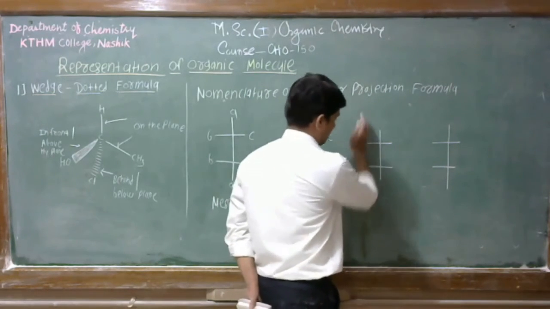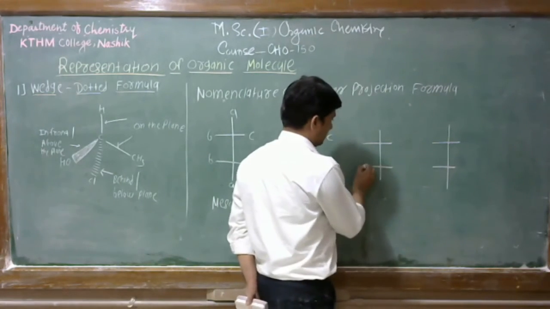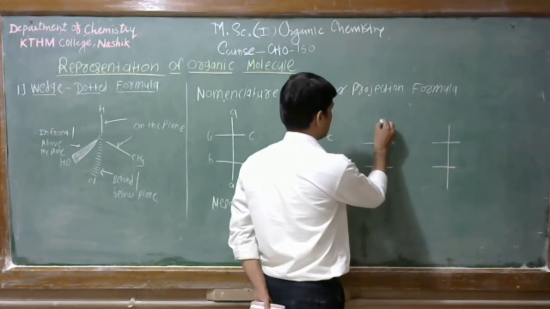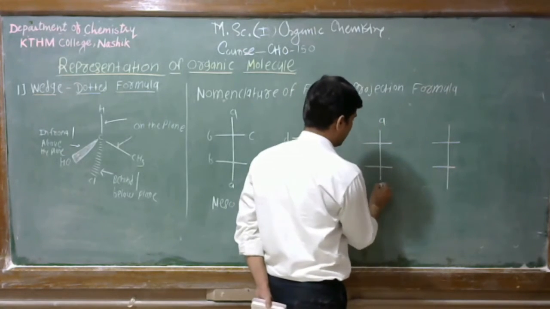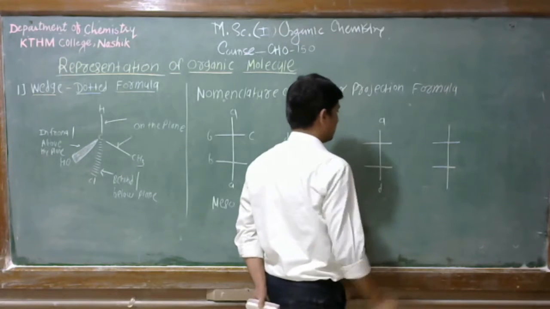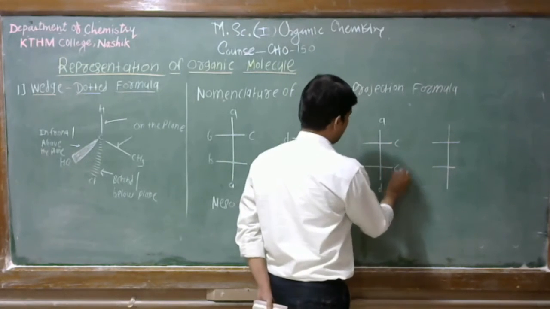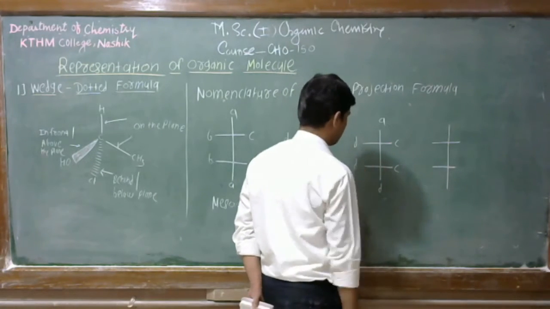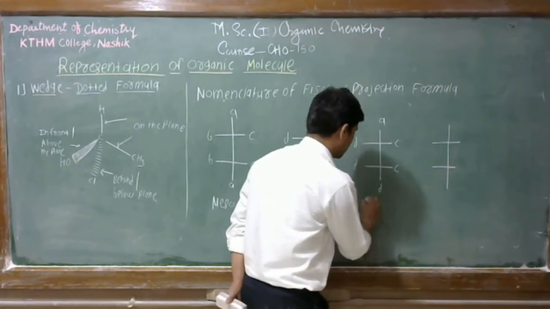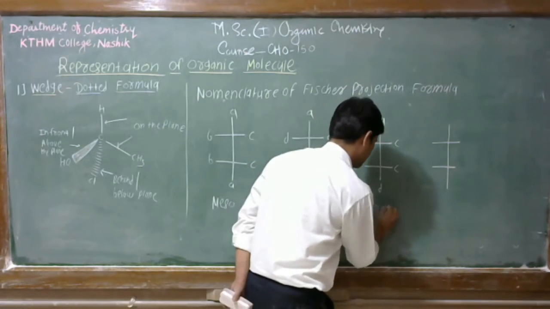Then, in the next structure, if the groups present on the vertical line are different and the groups present on the right hand side and left hand side are the same, then this is called a threo structure.